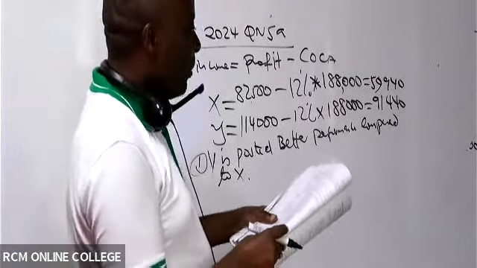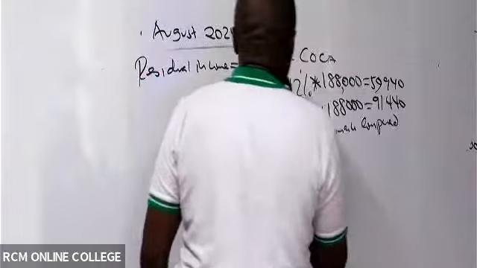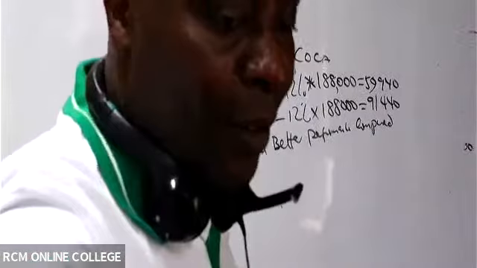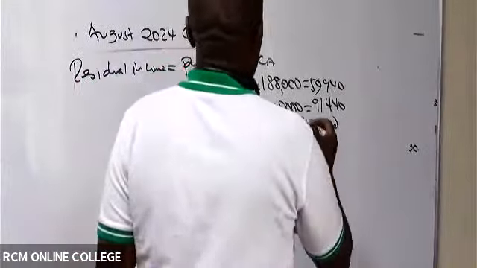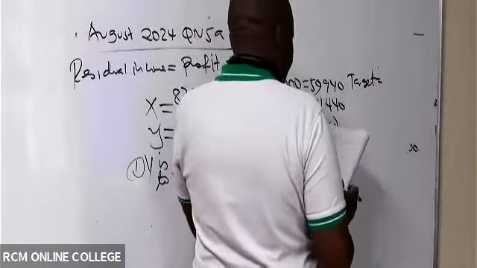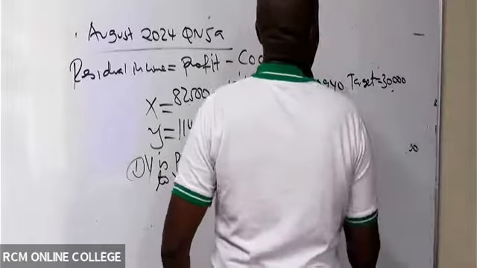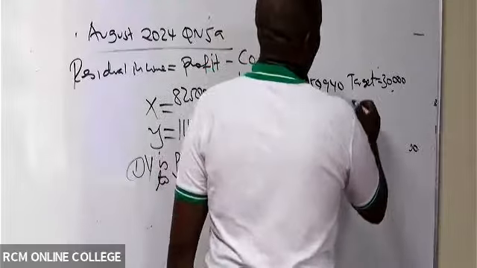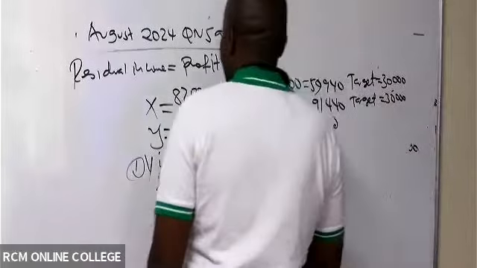You can see the targeted residual income in thousands, because these figures are in thousands. So the target for X residual income is 30,000, and for Y the target is also 30,000.